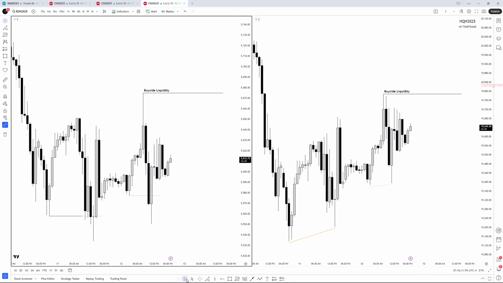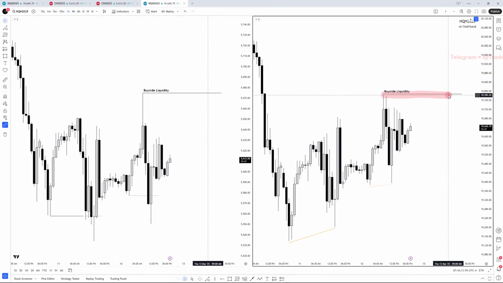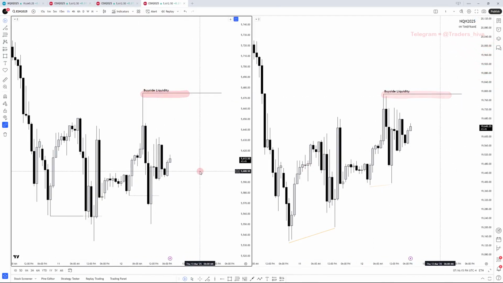So my draw on liquidity, buy side liquidity right here, being the previous day's high.